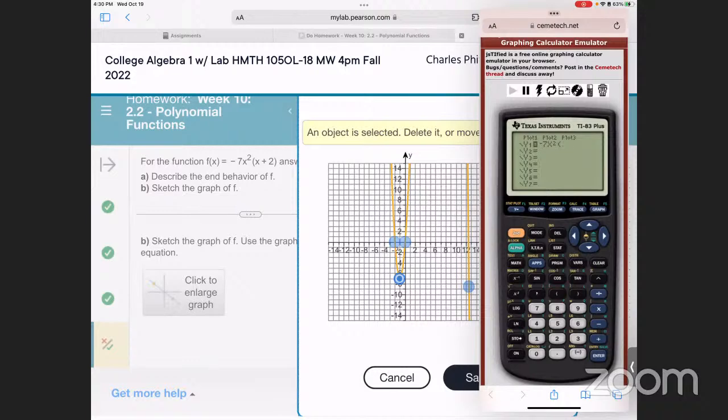Okay, parentheses x plus 2, close parentheses. All right, so that's what we're starting with. Now we want to calculate this when x is a positive 1/2. So I'm going to go to variables. We said a positive 1/2. That's not clean. What about when x is 1?